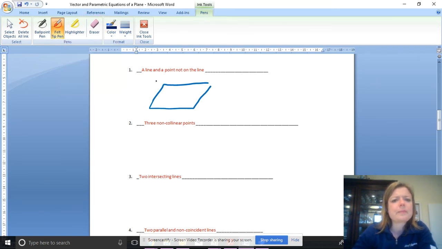So if you have a line that you know is on the plane, we'll call that L, and then any point not on the plane, we'll call it PO. How does this work? Well, if you know the line, then that gives you one direction vector.